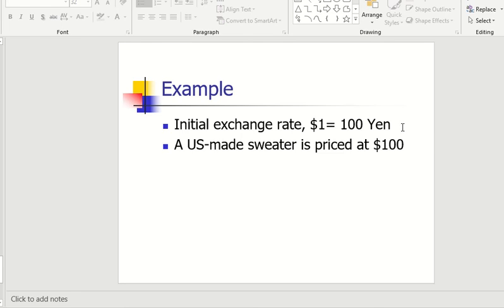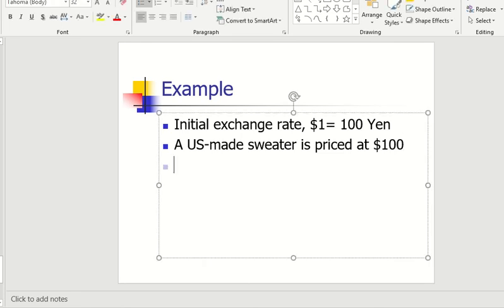And now, here's a sweater that is made in the United States, okay? And it is priced at 100 US dollars. So if a Japanese wants to buy this sweater, how much does he have to come up with? I'm sure many of you are familiar with how this works.